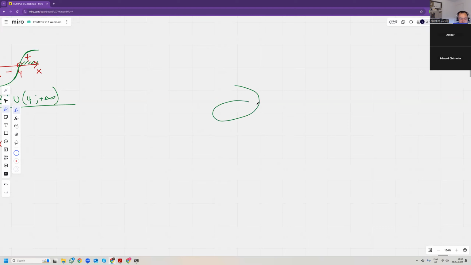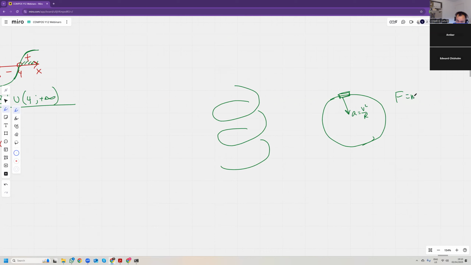So it's going down a spiral ramp, and you just need to look at the car from the top, and the centripetal acceleration is v squared over r. That's pretty much it. And the force equals the mass of the car times v squared over r.